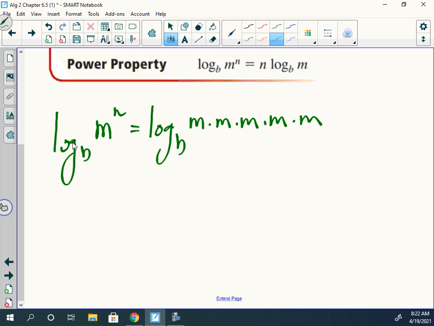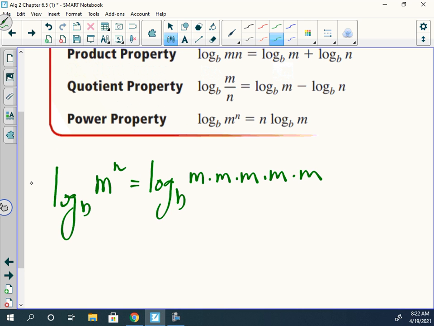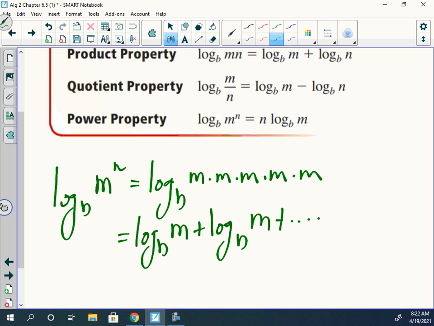Now, if we say that the product property is true, that anything where we have more than one thing multiplied together, we can rewrite as addition, this is really telling me that this here is the same as log base b of m plus log base b of m plus continuing on n number of times, because I have n amount of m, yes?